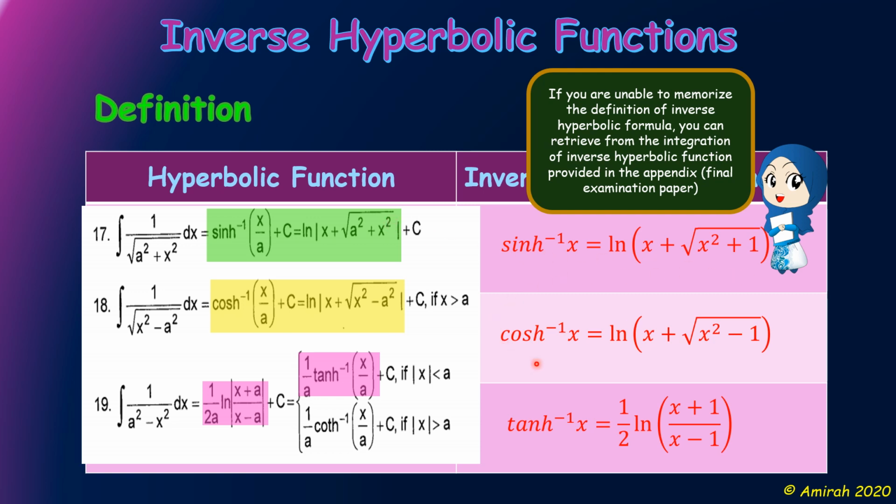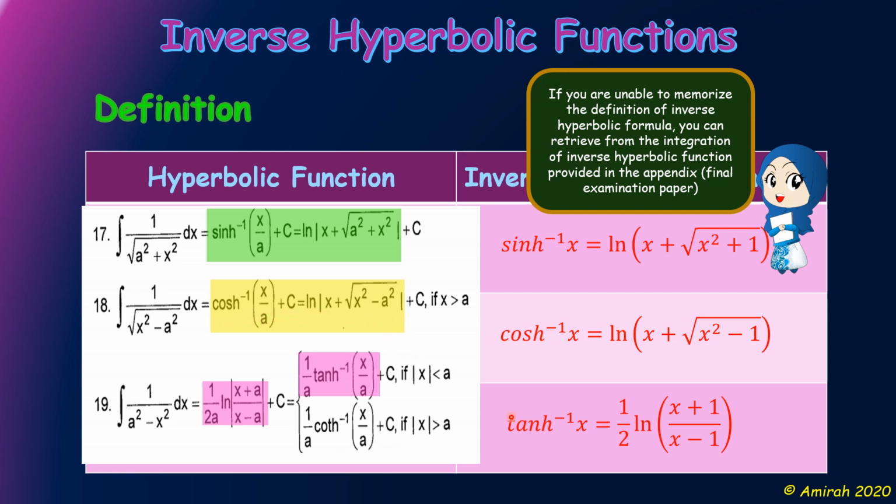Okay, for the second formula for definition for inverse hyperbolic function, which is inverse cosh x, you can retrieve from formula number 18 in appendix. So if we replace a by 1, we have inverse cosh x equals to ln x plus square root of x squared minus 1.